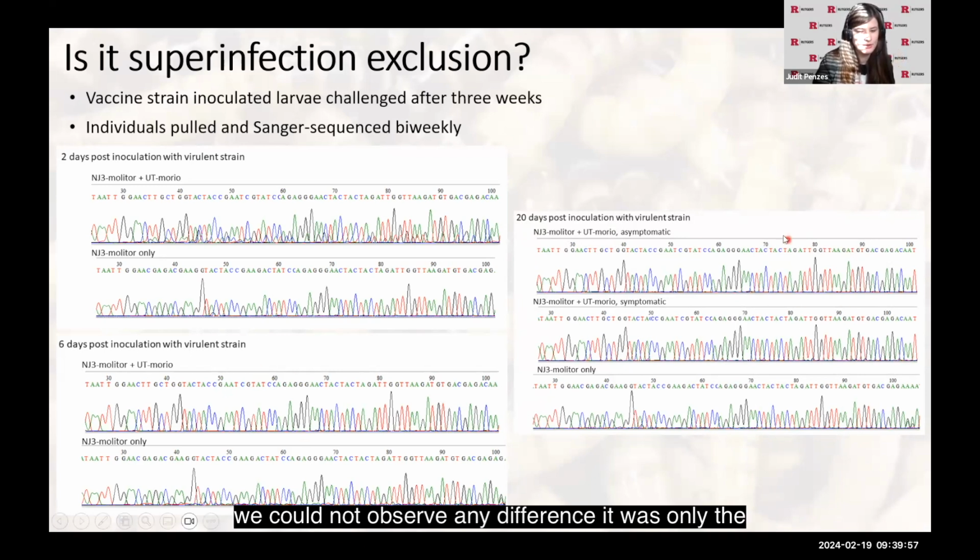It was only the Utah strain found in both animals. So we could exclude superinfection exclusion as the possible mechanism of the cross protection, but the actual mechanism behind this still remains unknown and requires more investigation.